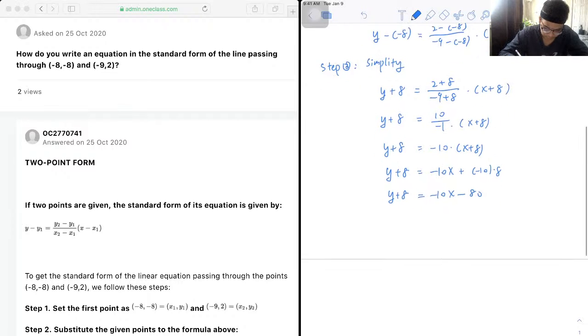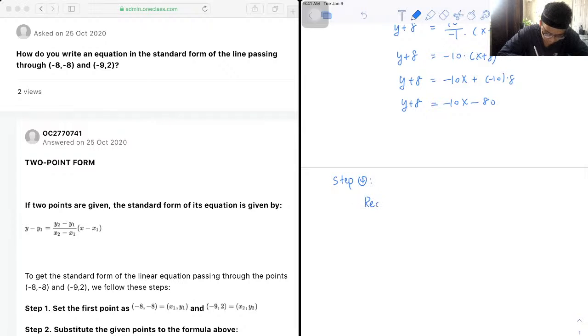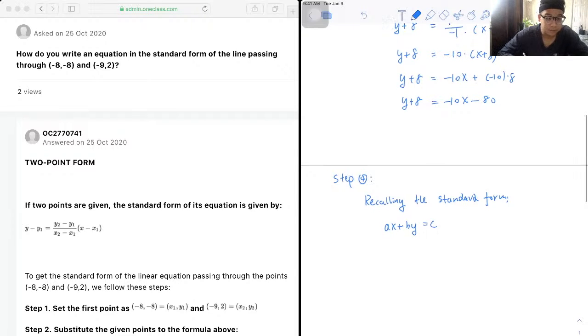So now let's go to step 4, recalling the standard form, which is given by ax plus by is equal to c.